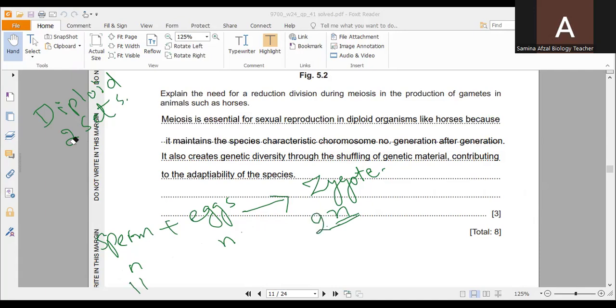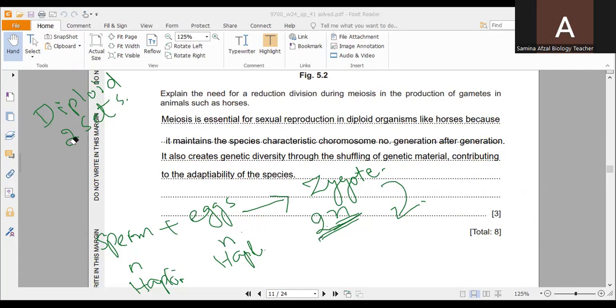with a haploid number, or single set of chromosomes, they will produce a 2n number of chromosomes. It means the zygote further changes into an embryo, and then the embryo into a fetus. In this way, the different developmental stages take place to become a fetus and then a baby horse.